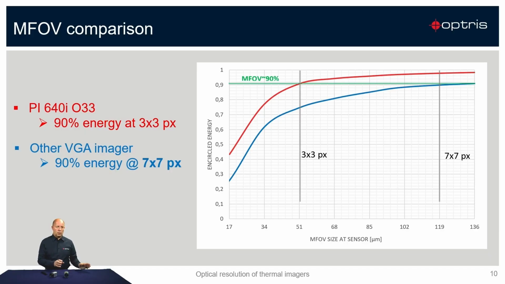That means I have here an imager A, 640 times 480 pixel, and I have an imager B with the same resolution, so it must be the same, but it isn't the case. If it comes to exact temperature measurement, then of course this MFOV plays an important role. That means if you just need 3x3 pixel, you can measure the temperature of smaller objects than with the other imager where you need 7x7 pixel. That's clear.